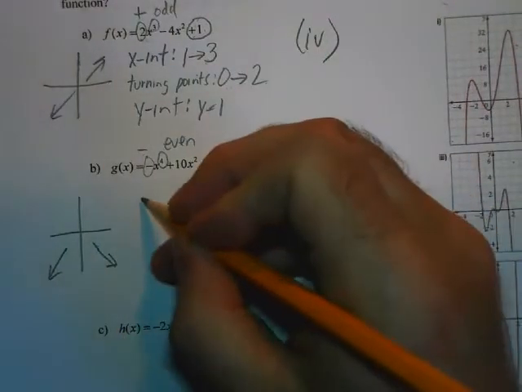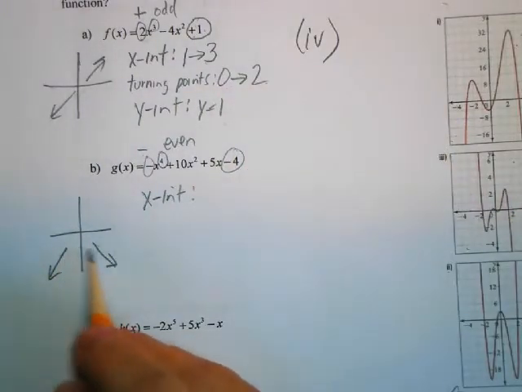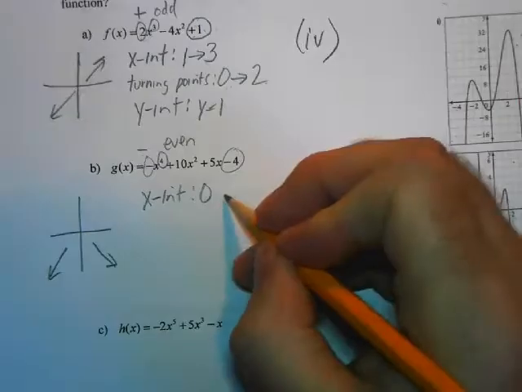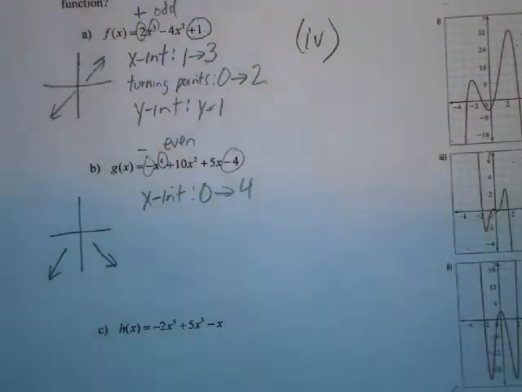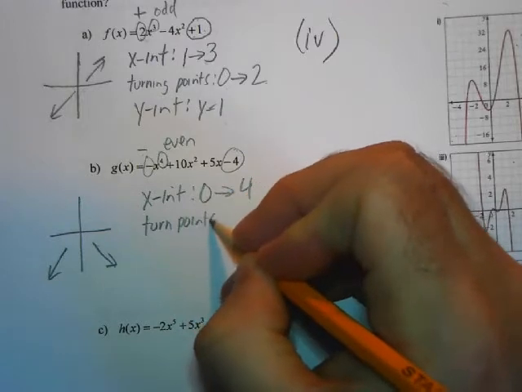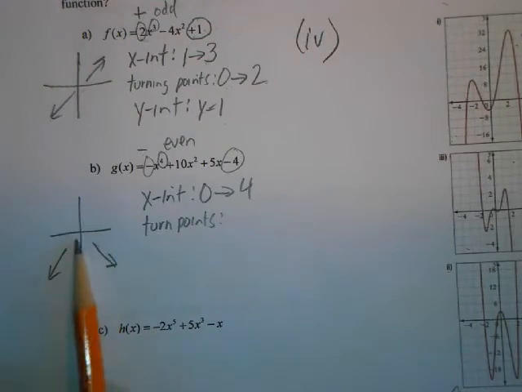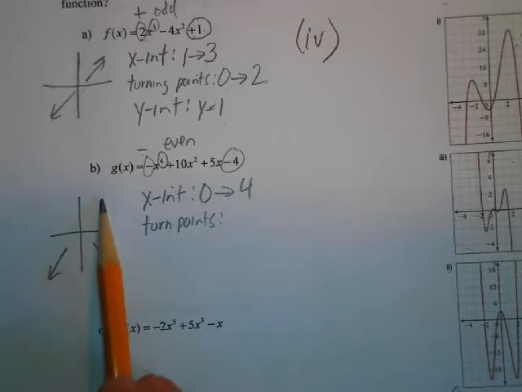So that's the x-intercepts. So remember, when it's even degree, it could have 0 x-intercepts because it doesn't necessarily have to cross, and it can have up to n, the degree, so up to 4. Now, we didn't really discuss turning points a whole lot, but when it's even degree, it has to have at least 1, because it definitely has to do a turn here and come back, or if it was up here, it would have to turn.